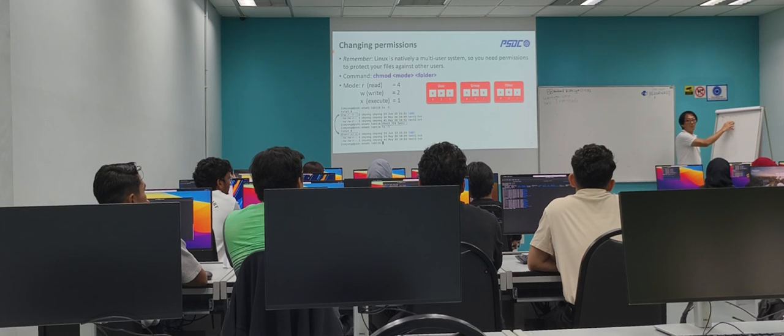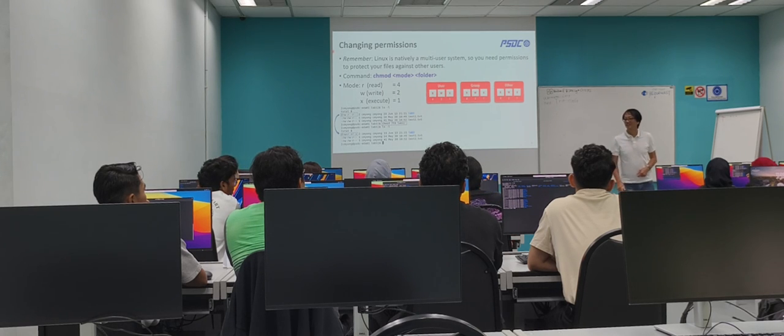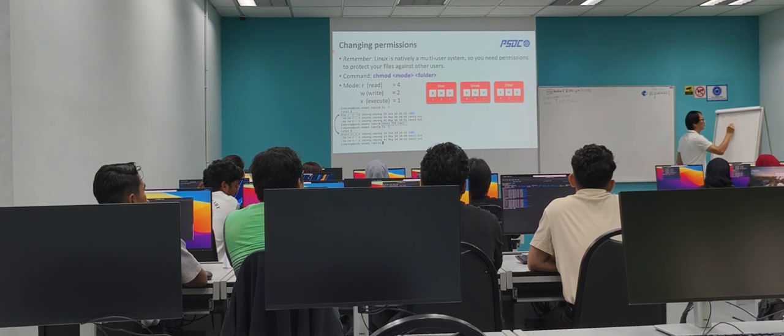What is the binary number that represents the decimal 7? 111. Because this one is 1, this one is 2, and this one is 4. 4 plus 2 plus 1 equals 7, right?